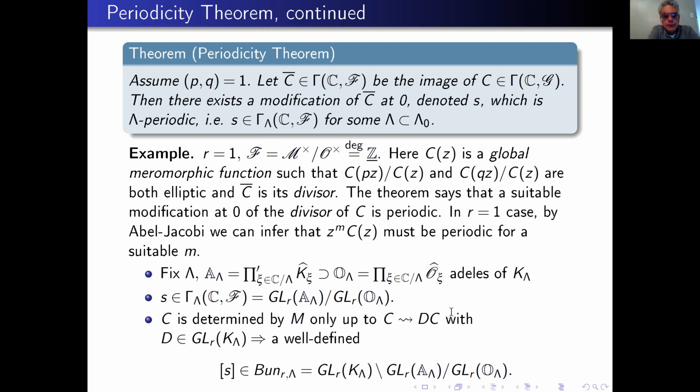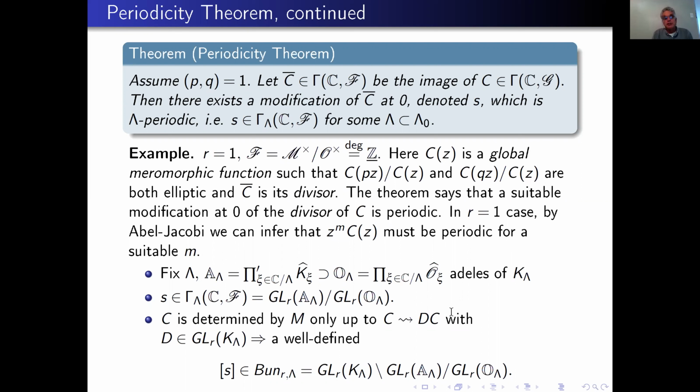And then it is easy to see that you can identify the global sections of F with GL_R of A_lambda over GL_R of O_lambda, where A_lambda is of course a topological ring. And that's where s lies. But remember that C a priori depended on the choice of a basis of M, and you can choose another basis and therefore change C by multiplying on the left by D, which is in GL_R of K_lambda, of globally elliptic functions.